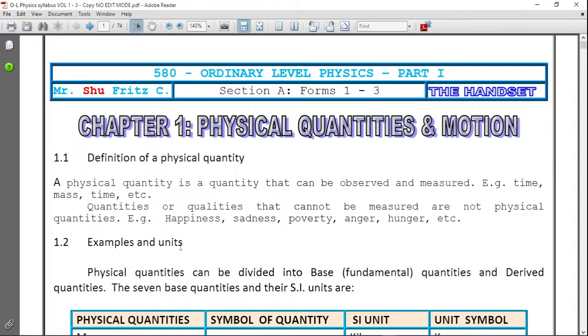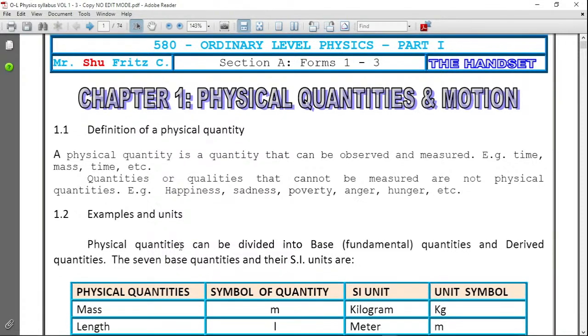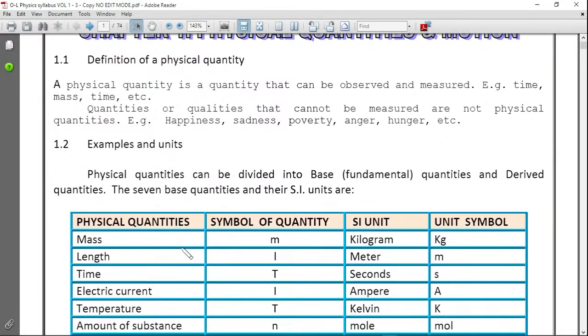Examples and units of physical quantities: normally there are 7 basic or fundamental physical quantities from which all the other physical quantities that exist are derived. The 7 basic physical quantities and their SI units are, first, length. The symbol for length is L, and the SI unit is the meter.